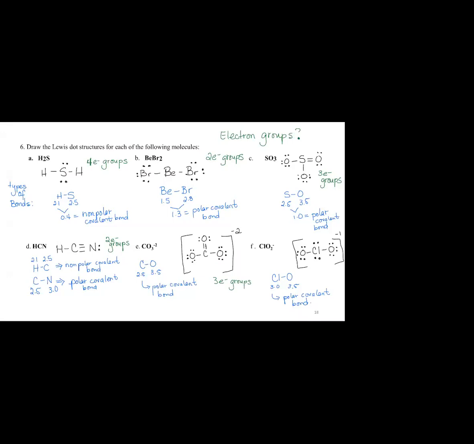How many electron groups around chlorine in chlorite? Great. There are 4 electron groups around chlorine in chlorite.